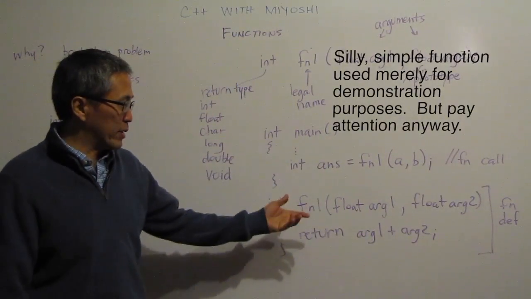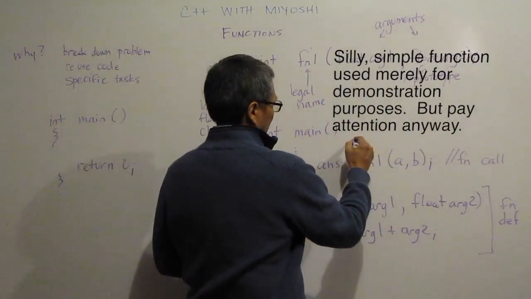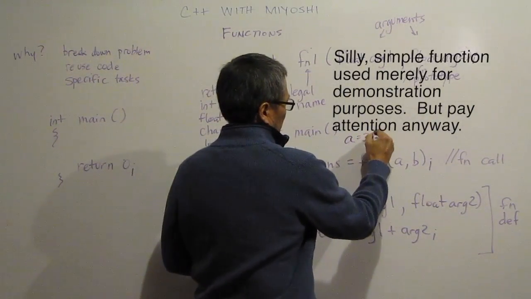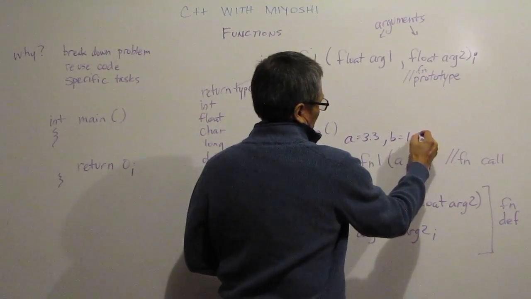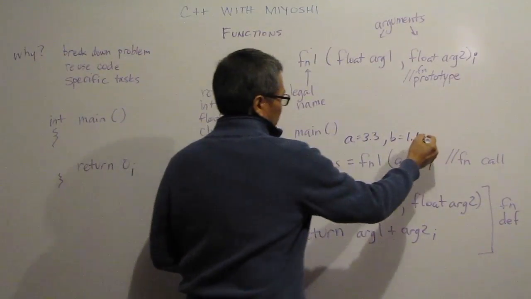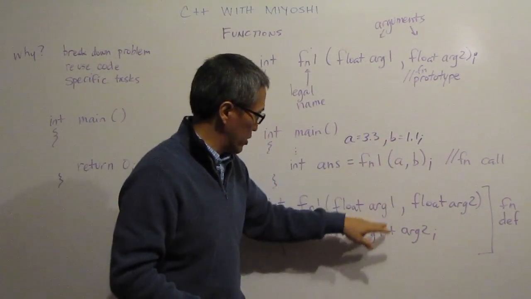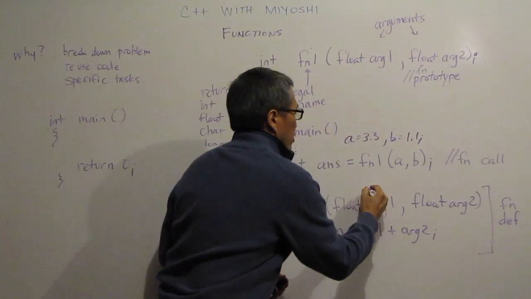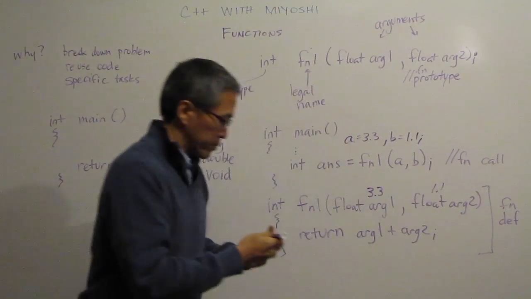Now, in this particular one, I didn't really think about this as I was working on this, but if A is 3.3 and B is 1.1, well, A will go down into arg1, so that would be our 3.3, and our B would be our 1.1.